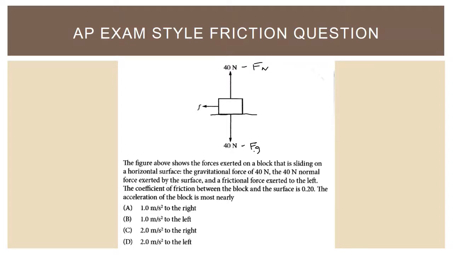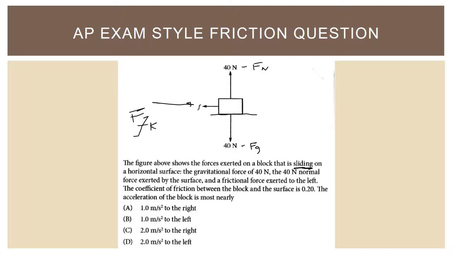And usually what I notice is that a lot of people, when they answer this question, say, well, the acceleration of the object has got to be to the right because that's the way the object is moving. Now, how do we know the object is moving to the right? Well, it tells us here that the block is sliding on the surface. And because the block is sliding on the surface, that means this force here is a force of kinetic friction.